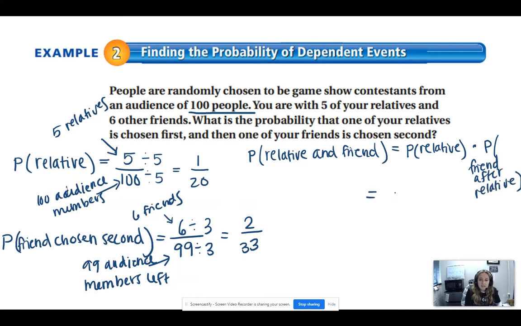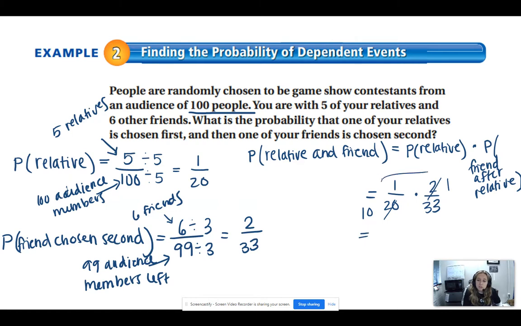The probability of a relative is 1 over 20, so we're going to write that times the probability of choosing a friend after the relative, which is 2 over 33. We want to look at this, and remember, for multiplying fractions, you want to see, can I cross cancel? Well, I know the 20 and the 2, I could both divide by 2. That would give me 1 and 10.